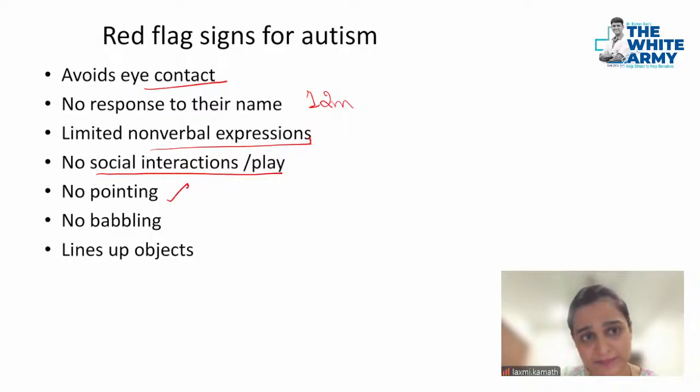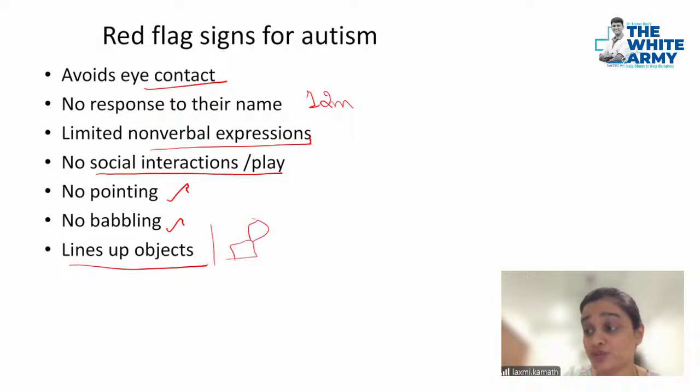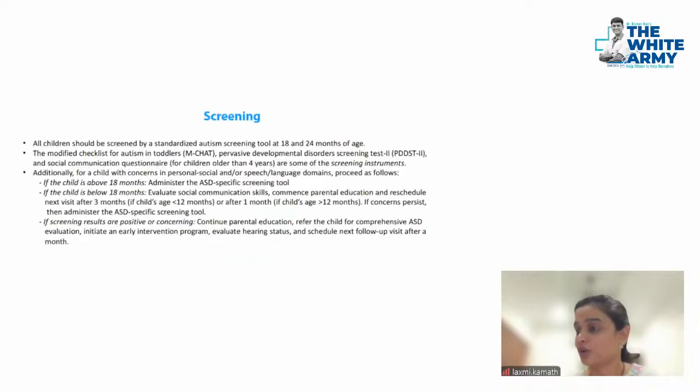There is no pointing, even as late as 18 months. There is no babbling. So both verbal and non-verbal communication are less, and they like stereotypic movements and stereotypic interests. That means they line up objects, or have a particular pattern of arrangement of toys which shouldn't be disturbed. If disturbed, they get agitated again. So they have some routineness or sameness in their activities. This is commonly seen in autism.